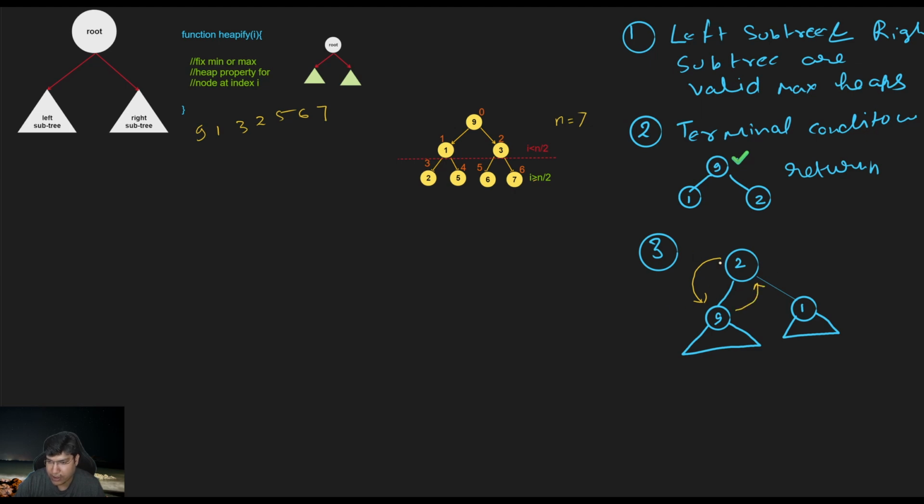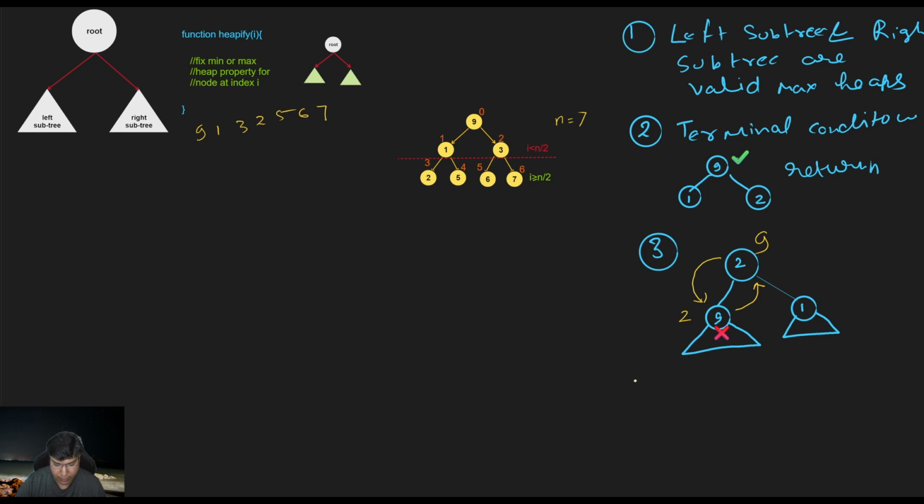Now what happens in this case? We no longer can say, or at least we are not sure, if 9 was bubbled up and 2 was sent here, whether this would still be a valid max heap or not. We cannot say whether it's a valid max heap or not. So what do we do?